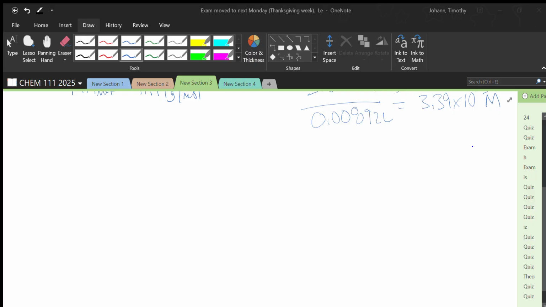Both sides times liters. We have moles and moles. Anybody done with the second part? First part and the second part? Yeah, keep working on that.